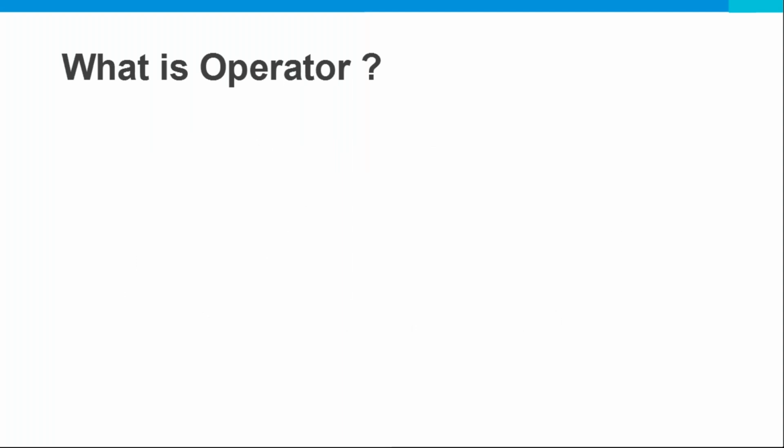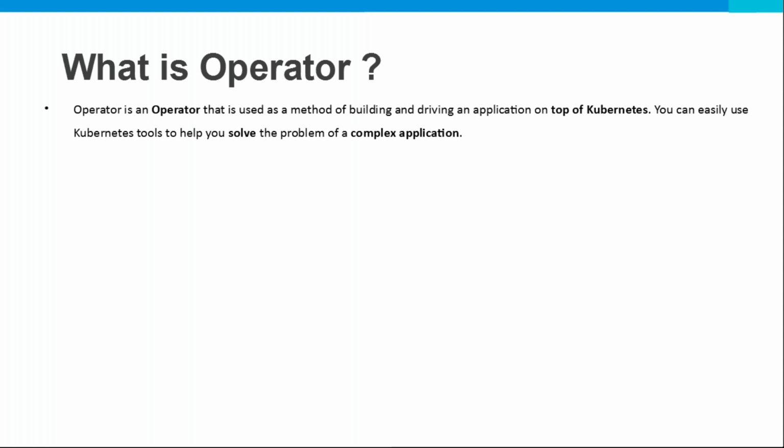So coming to operator, what is an operator and how helpful is it for current enterprise requirements? So operator hub is where all of the available operators are published. It is a home for the Kubernetes community to share software from multiple sources globally.